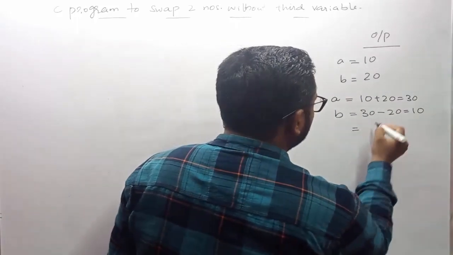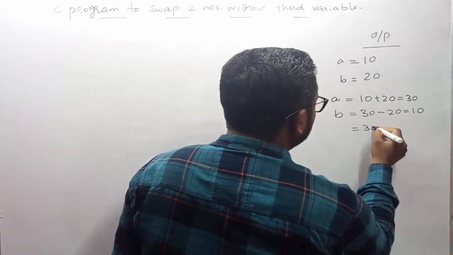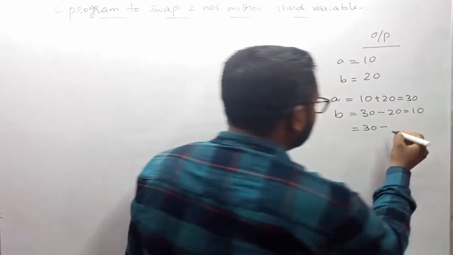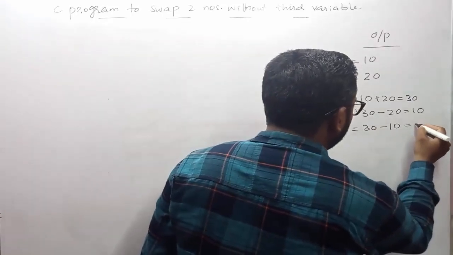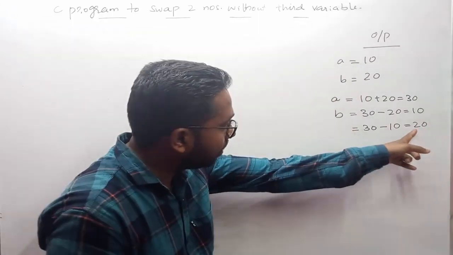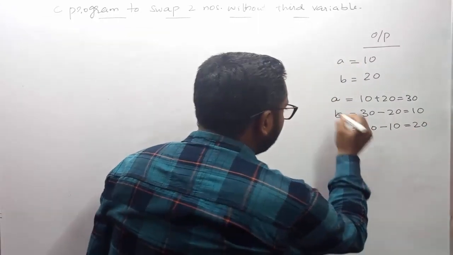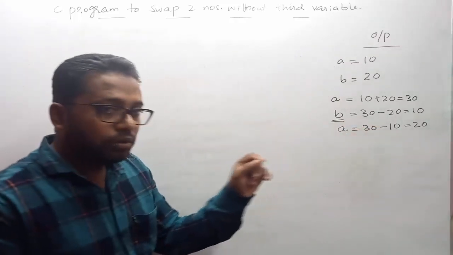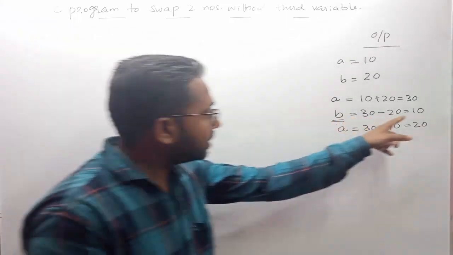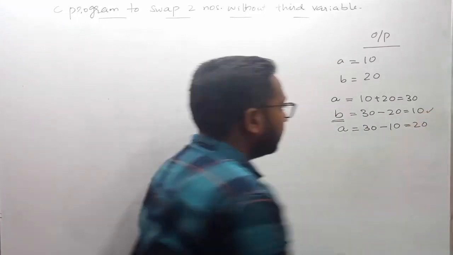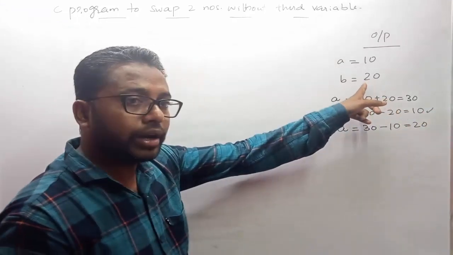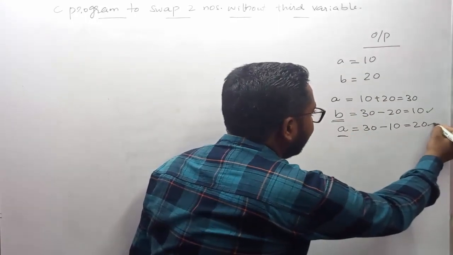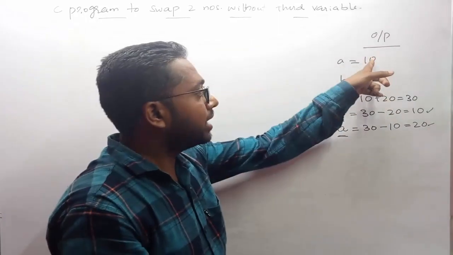Then 30 minus the new value of B, which is 10, becomes 20, and this value I will pass to A. Now you can see the value stored inside B is now 10, which was earlier 20, and the value stored inside A is 20, and earlier it was 10.